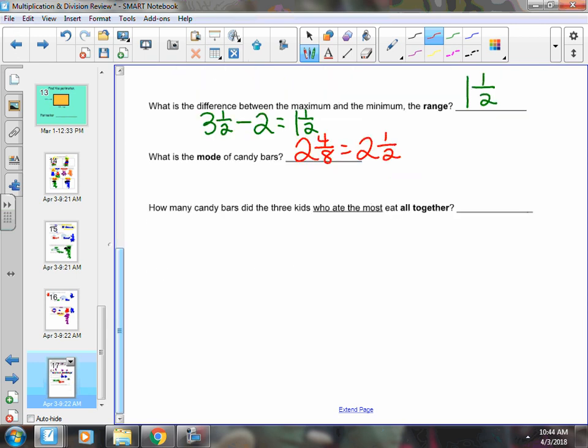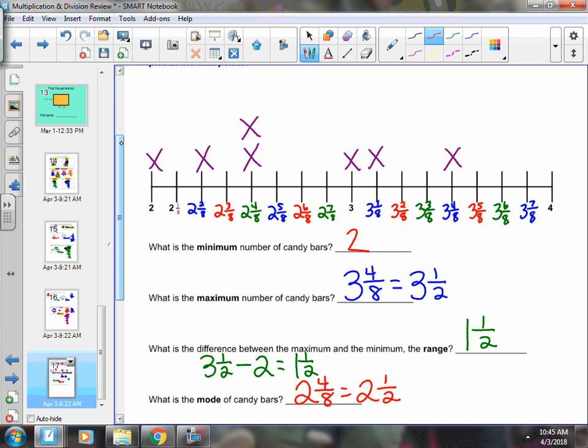And this last one, we're going to have to do an addition problem. It says, how many candy bars did the 3 kids who ate the most eat all together? When you see that word all together, do you think adding or subtracting? Adding, that's right. And we need to add the 3 best candy bar eaters, okay? So the 3 best candy bar eaters are those 3 kids, right?